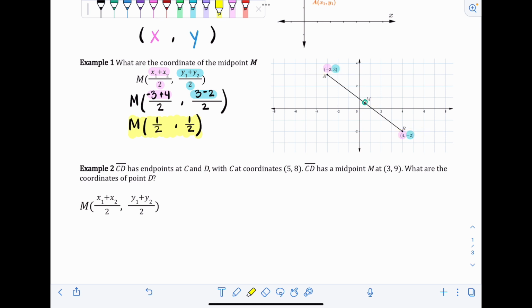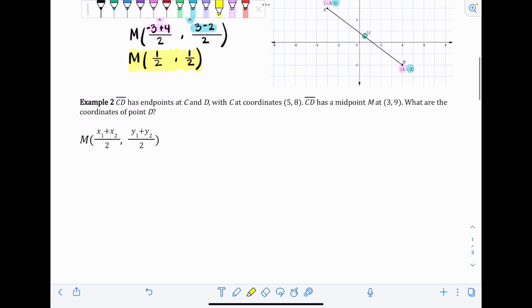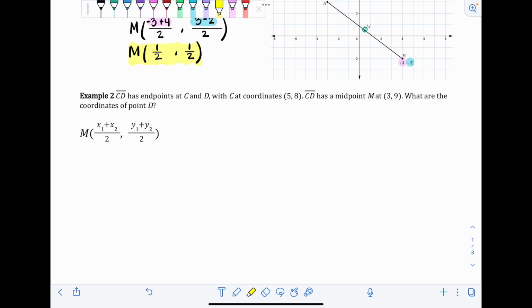To do this, we have to work backwards to create equations. So it says that CD has a midpoint at (3, 9). I'm going to write that under the midpoint formula. So midpoint M is the point (3, 9). And this is going to be the basis of our equations, because x1 plus x2 over 2 is what we would put things in to get the fact that the midpoint is 3.